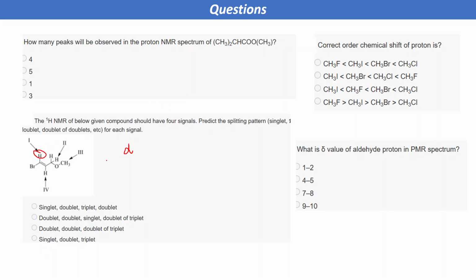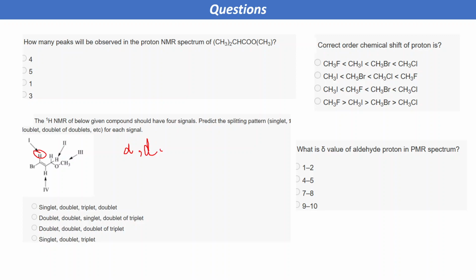Now for the second carbon, this one, it will also be a doublet, because the adjacent is oxygen and the second adjacent is a carbon that has only one hydrogen. So 1 plus 1 is 2, that means doublet.